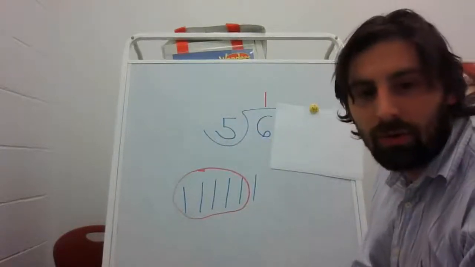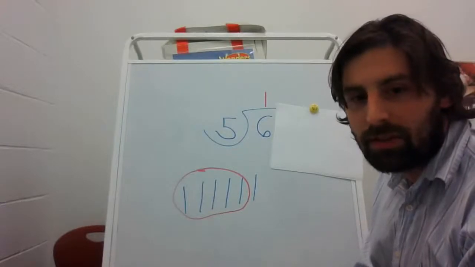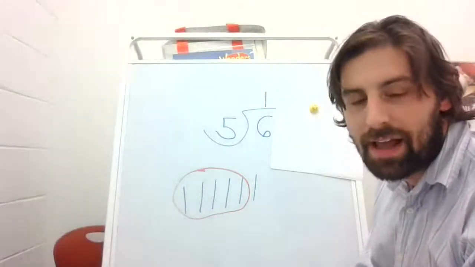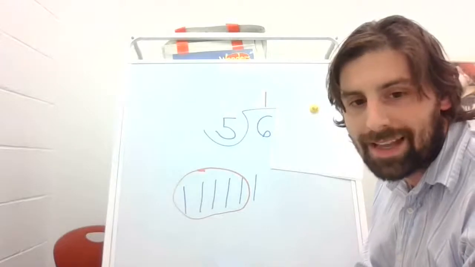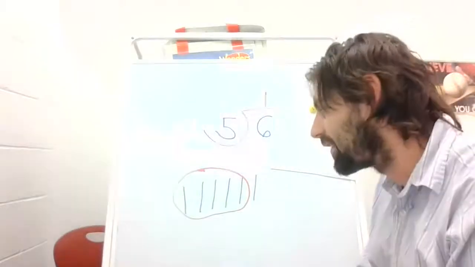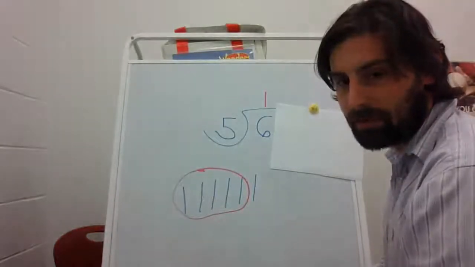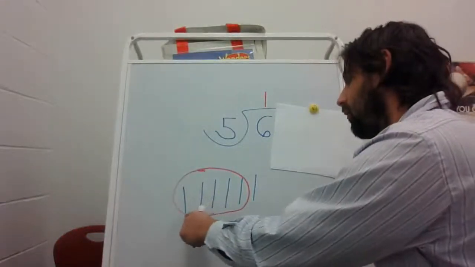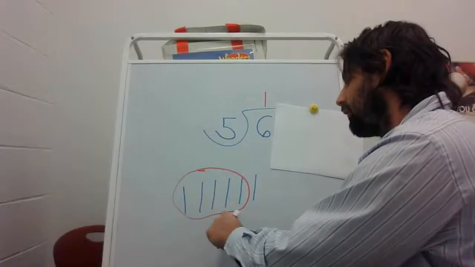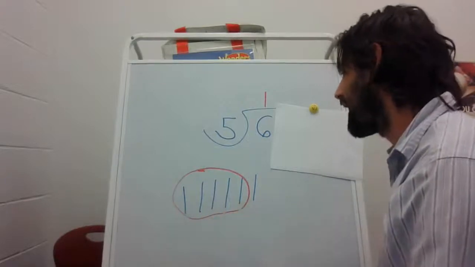Now I'm going to count the total number of tallies within the circle. I'm only going to count the tallies within the circle. The one that's outside of the circle, I'm not counting. 1, 2, 3, 4, 5. So there are 5 tallies within the circle.